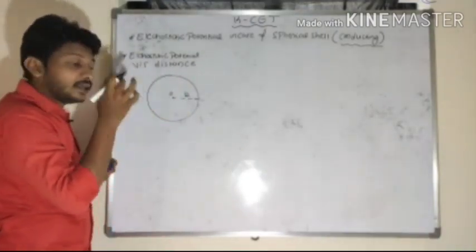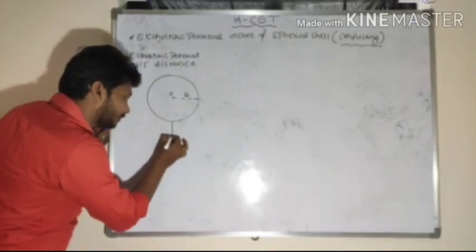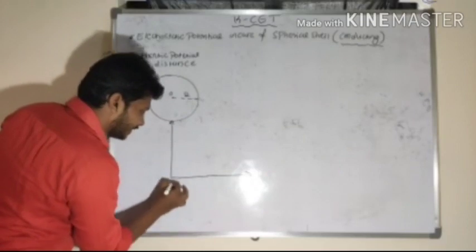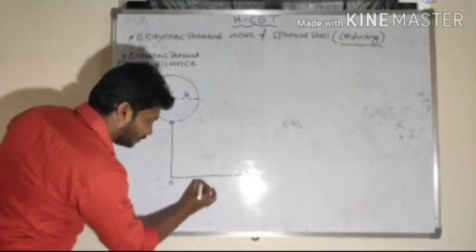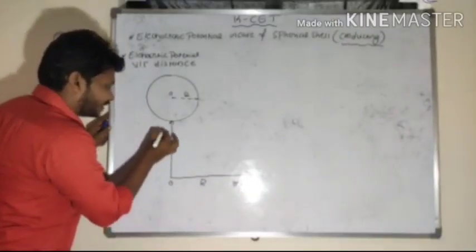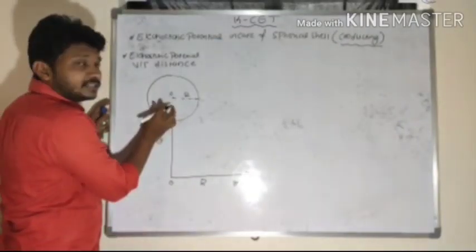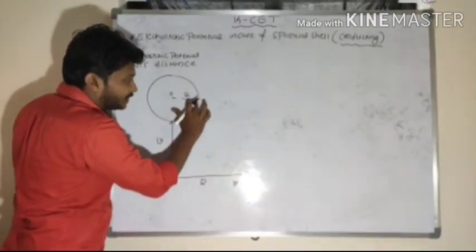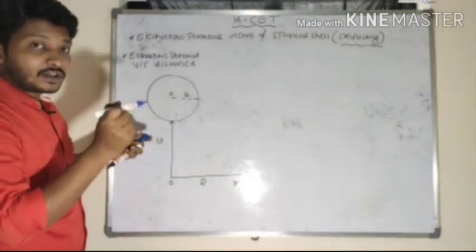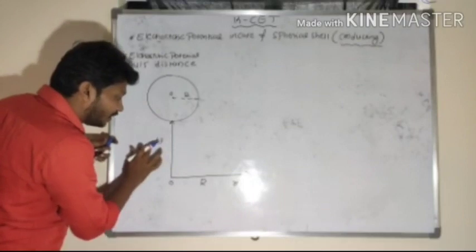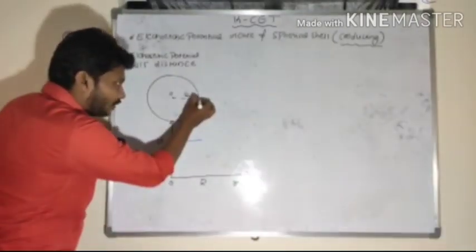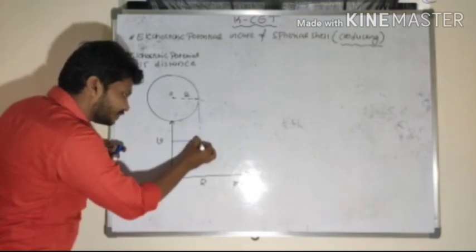I said inside the sphere the potential value is constant. Along the x-axis is distance from 0 to radius, and along the y-axis is potential. From the center of the sphere to the surface of the sphere, the potential value is constant, so the y coordinate value will not change. The potential value is constant until it touches the surface.